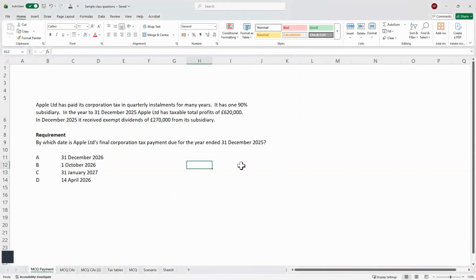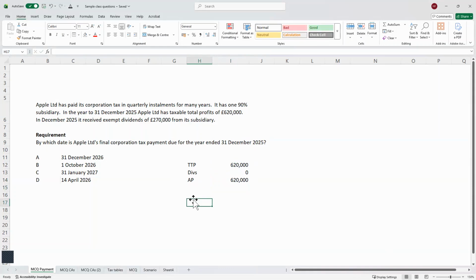So we know for looking at payment dates, we need to take the taxable total profits, which we're told in the question is £620,000. We then need to add on dividends from non-associated companies. So we know we have a dividend in the question, but this did come from an associated company as it's 90% owned here. So we wouldn't add anything on here to get to our augmented profits. So the augmented profits will still be 620,000.